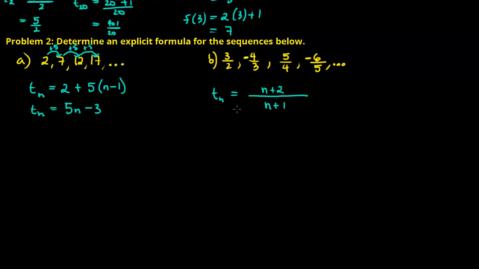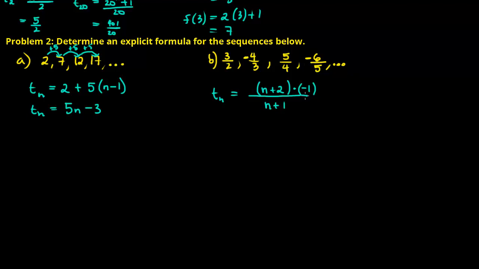Now, we have to make sure that the numerator flips in sign each term. So what we can add is a factor of -1 to the numerator.